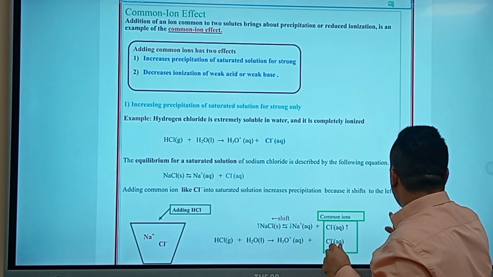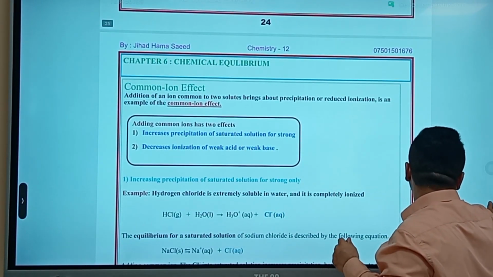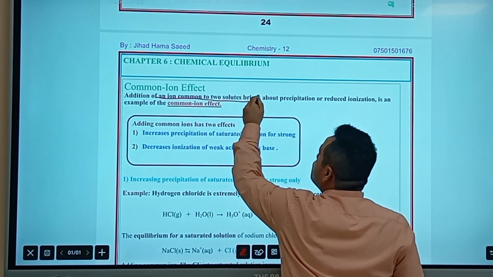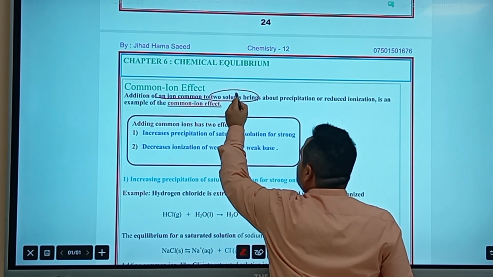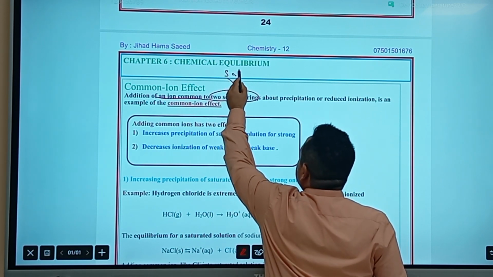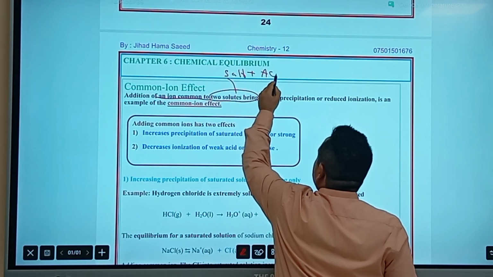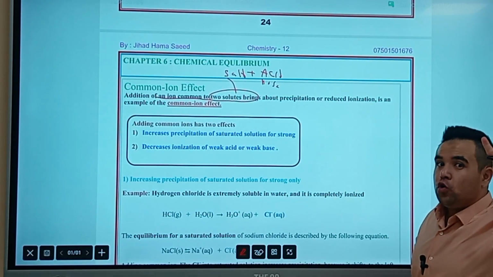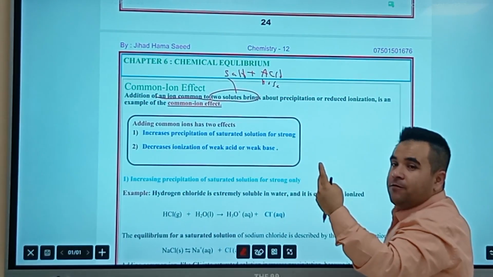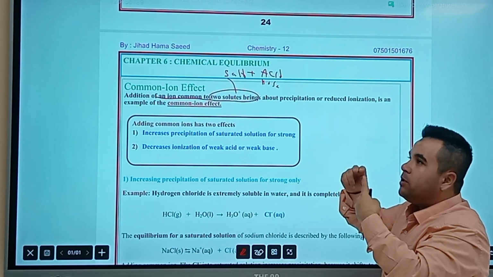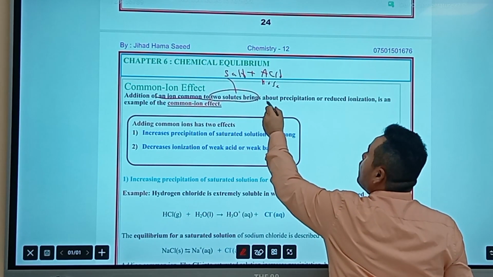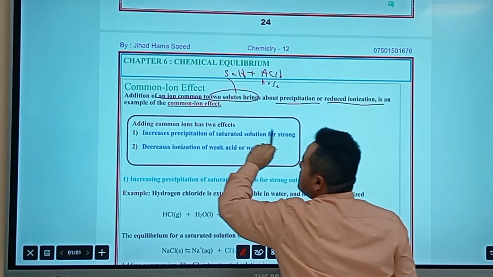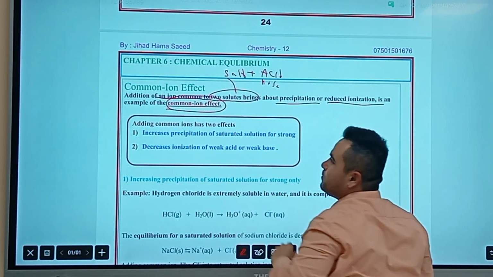Addition of an ion, guys, common in two solutes. So from two solutes, usually one of them is a salt and the other an acid or base. The two solutes have an ion which is the same and common to each other. This brings about a precipitation or reduced ionization, which is an example of the common ion effect.